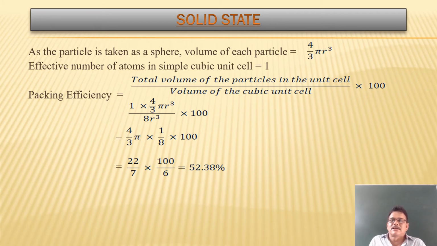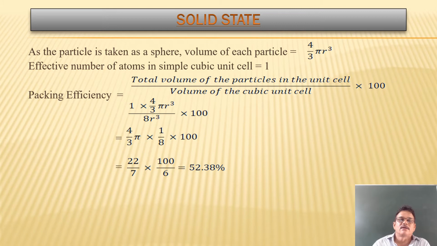As 8 particles are present at 8 corners, 8 into 1 by 8, that becomes 1. So effective number of atoms in simple cubic unit cell is 1 and its volume is 4 by 3 pi r cube. Therefore, packing efficiency is equal to 1 into 4 by 3 pi r cube by volume of the cubic unit cell, 8 r cube, into 100.